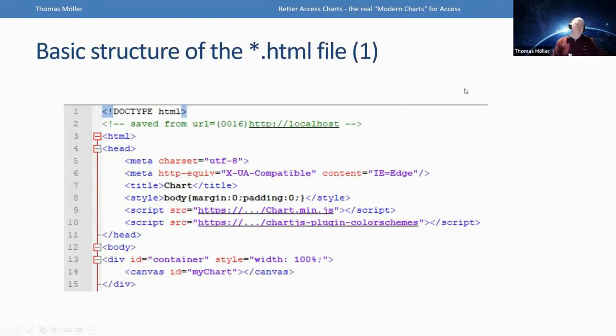Let's start with the basic structure of the HTML file. I've broken it down to, I think, 30 lines of code, and we go through them to get an overview. Here in line 2, you see the mark of the web, the comment that is necessary to get rid of the security advice.